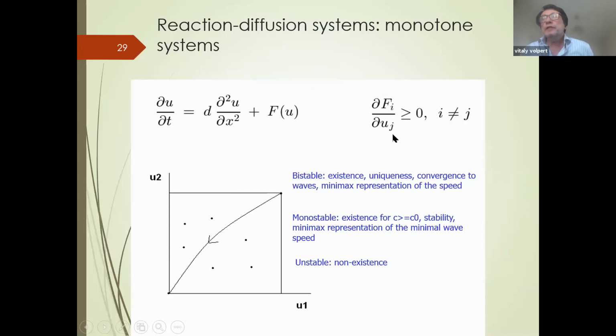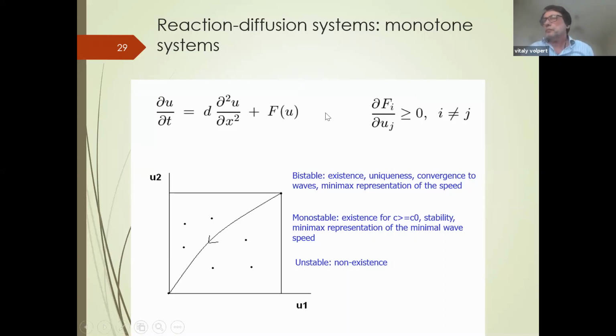If we take the derivatives of the diagonal elements of this Jacobian, we suppose that they are non-negative. If they are non-negative, then we can apply the maximum principle and comparison theorem to this class of systems of equations, because in general, they are not applicable for systems of equations. If this condition is satisfied, then they are applicable.